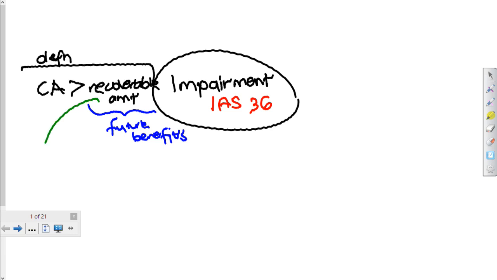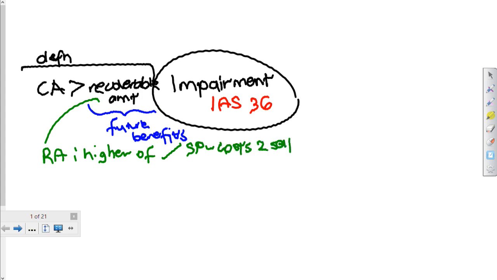Recoverable amount is the higher of, and there are two ways that we can get future benefits from an asset. We can either sell it, selling price less costs to sell. They actually say fair value less costs to sell, but essentially the same thing.